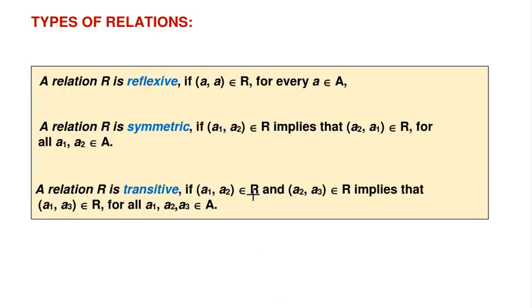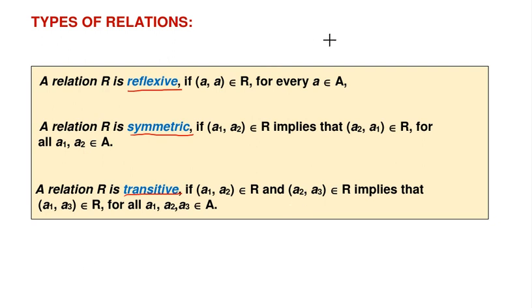Now, types of relation. The types of relation are based on the mapping. The first type of relation is reflexive, the second type is symmetric, and the third type is transitive. Reflexive means for every member of the given set, the self image should be there.